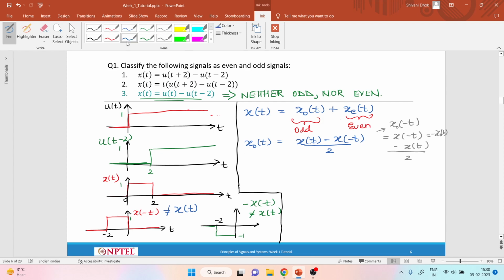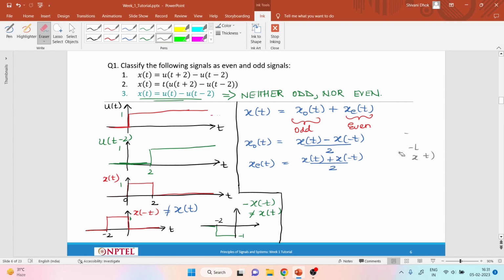Similarly, this even component, that is x e of t, is given as x of t plus x of minus t by 2. And again we can see here, if I take x e of minus t, it will be equal to x of minus t plus x of t by 2, which is equal to this xe of t.